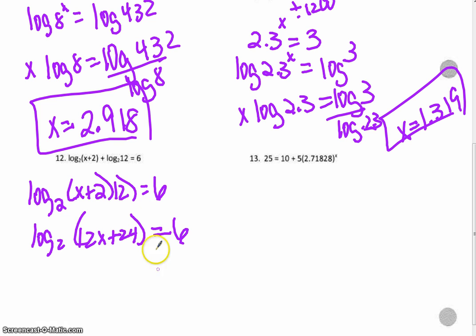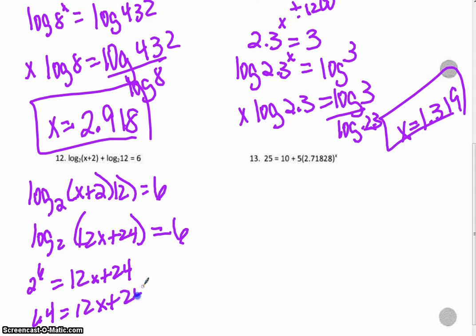You only have a log on one side, so you've got to go to exponential. 2 to the 6th is equal to 12x plus 24. 2 to the 6th is 64 equals 12x plus 24. Subtract your 24 and you get 40 is equal to 12x. Divide by 12 and 3.33 equals x is your answer.